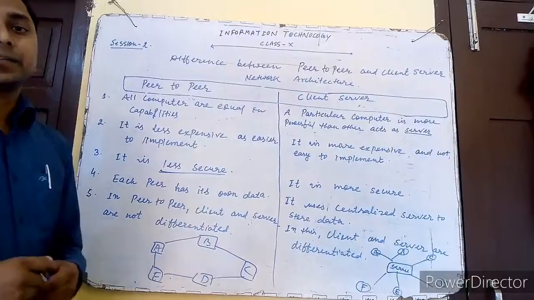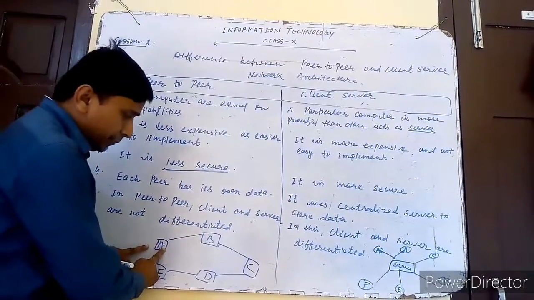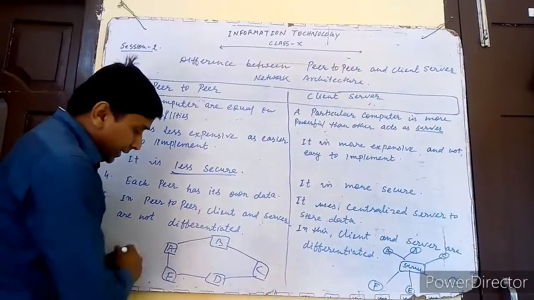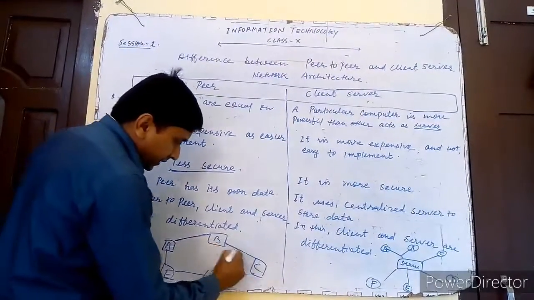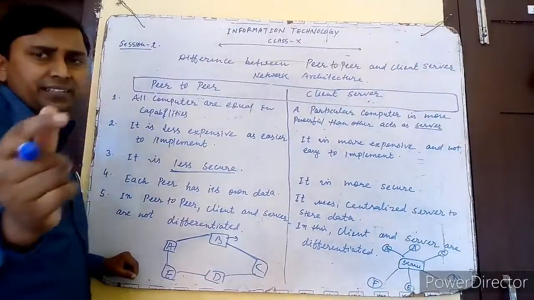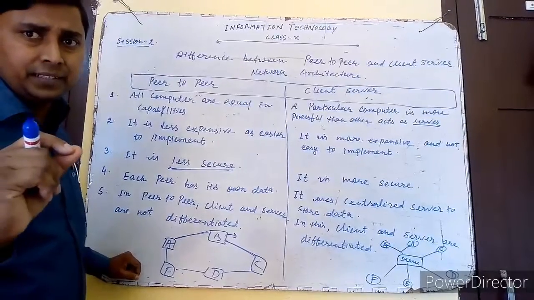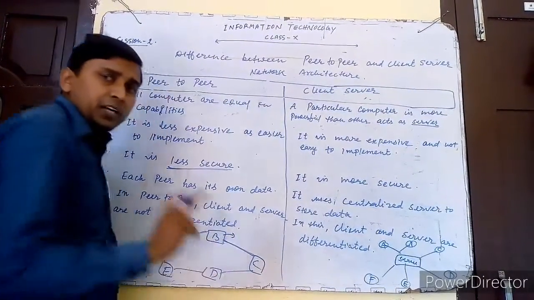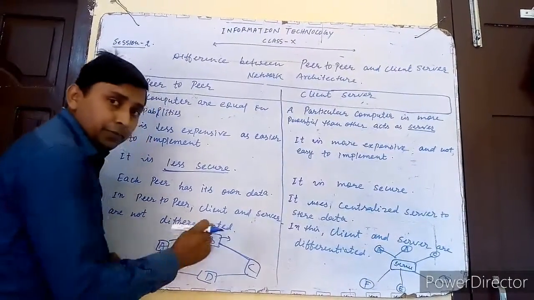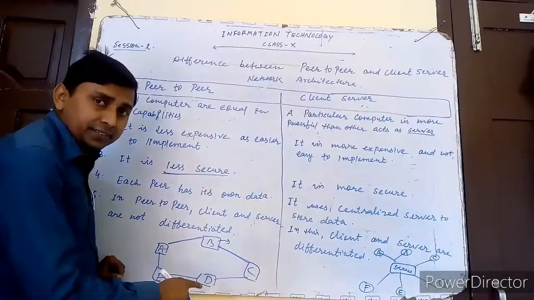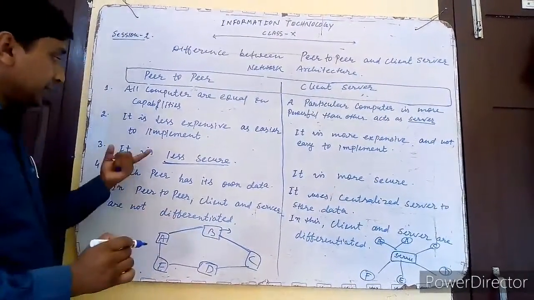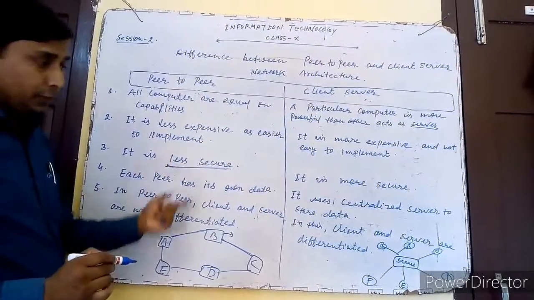Suppose A has to send data to D, then it will transmit through B, then C, and then D. If B has some virus or malicious files, then your message will also be infected. So it is said to be less secure.